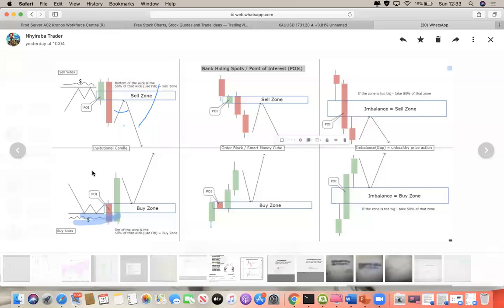The wick needs to overlap. Thank you, April. The wick of this candlestick and that wick right here need to overlap. If this overlap is not happening in the market, it is called an imbalance. It's like if you're a bank manager or an accountant trying to close your account sheet by Friday, and then you realize that somebody was supposed to pay a loan on Friday afternoon at 12 p.m., but they didn't pay it.